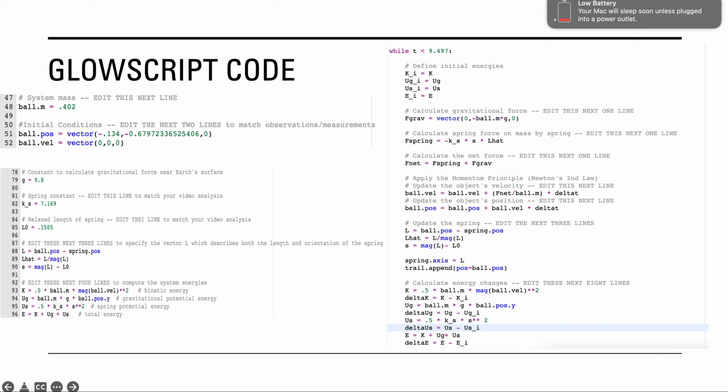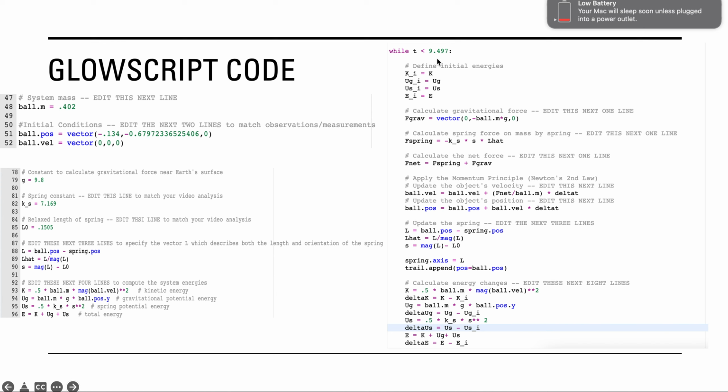So by editing these next few lines used for the spring formula, we were able to find s, L hat, and L, which are all the values needed, which are then used to find the spring potential energy. And gravitational potential energy, kinetic energy, and total energy are found right here, all found on the last slide.